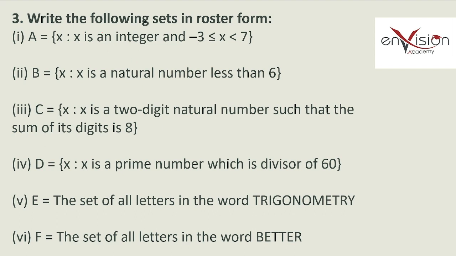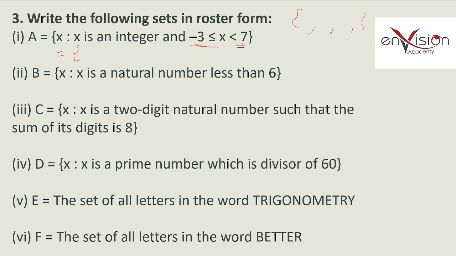Then we have: write the following sets in the roster form. Remember the roster form, you have to simply include the elements in brackets. No need to follow the pattern or any order. Just write down the numbers. So here we have the set A. It includes all the integers that are greater than or equal to -3 and less than 7.